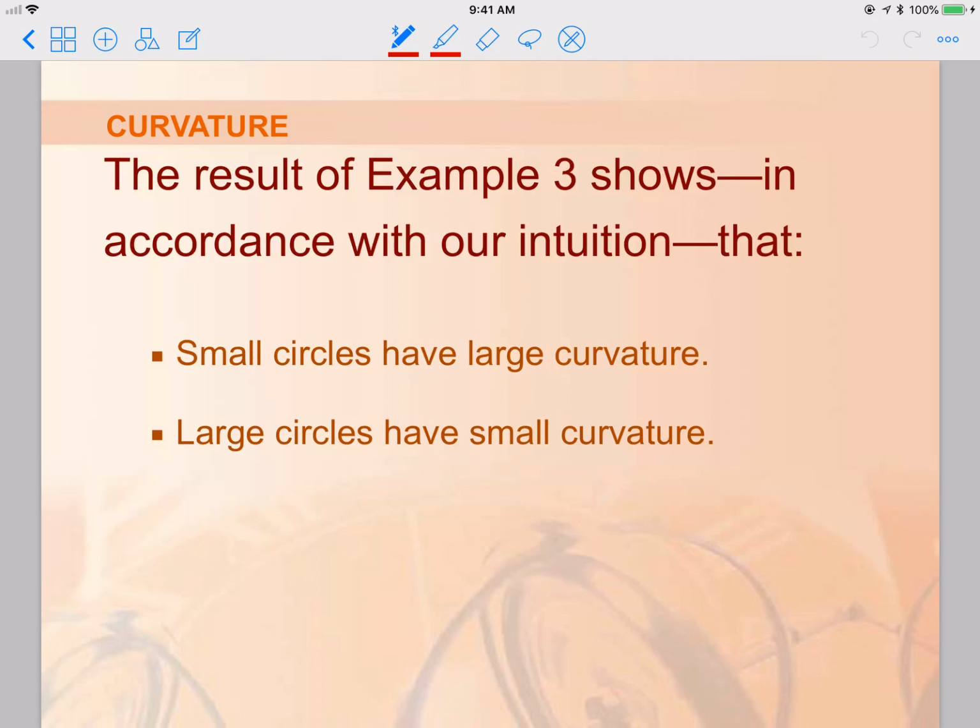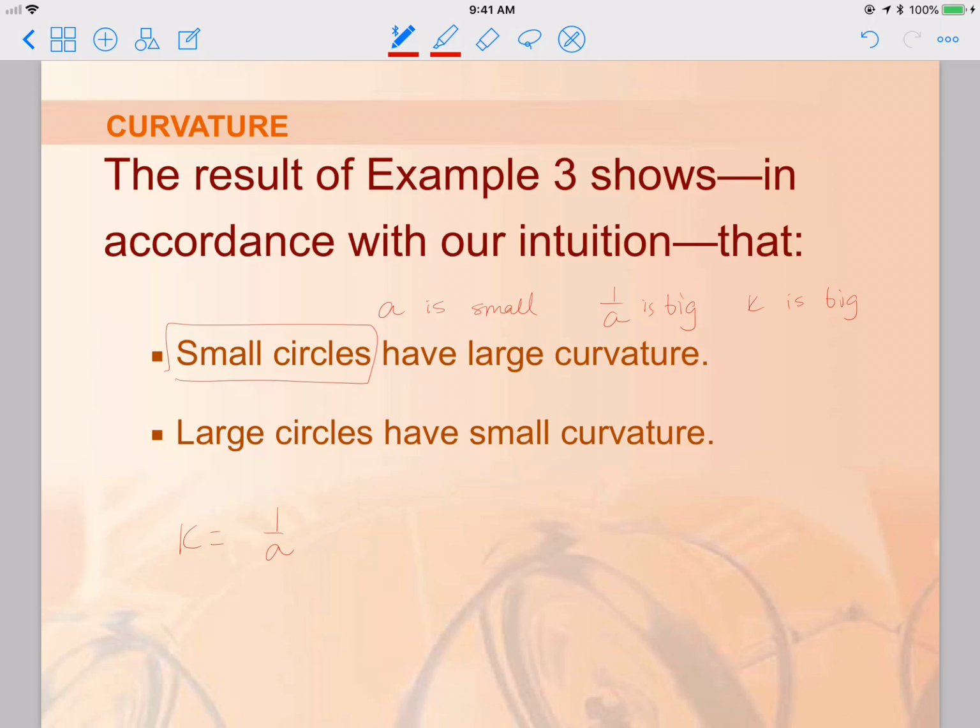Okay, and the result of example A is in accordance with our intuition. Remember, kappa is 1 over a. So if you have a small circle, that means that a is small, so 1 over a is going to be big, because the reciprocal of a small number is a large number. So kappa is big.